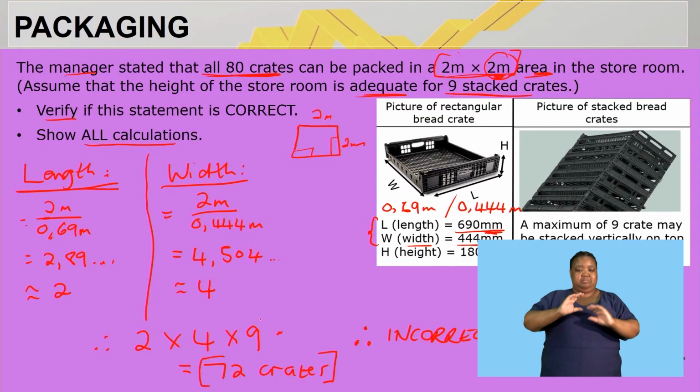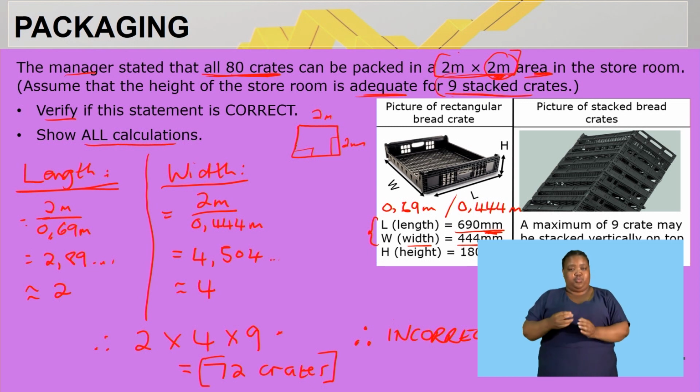Why by 9? Remember we said that these crates, 9 of it, can be stacked on top of each other vertically. And thereafter, I ended with an answer of 72 crates. Okay, and remember the manager stated that all 80 crates can fit in there. We said now, after our calculations, that only 72 of these crates can fit into the storeroom.